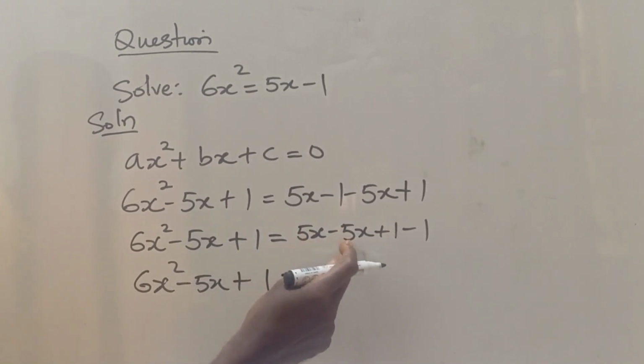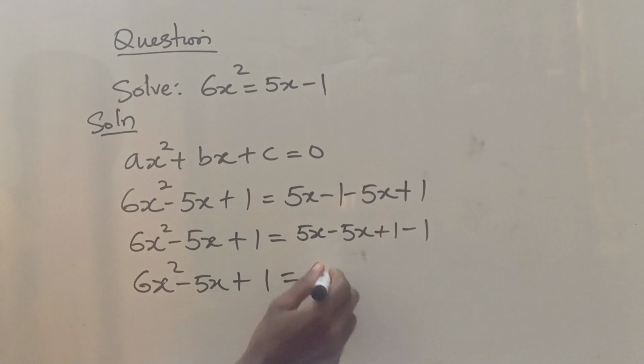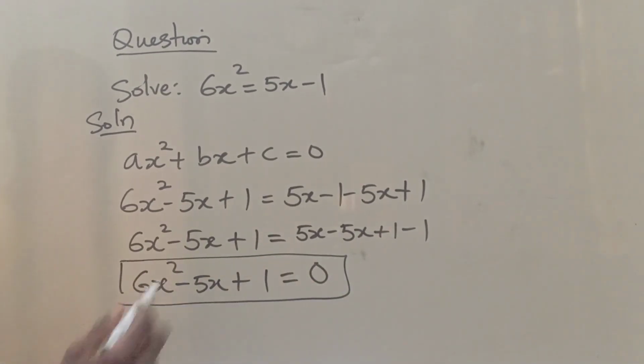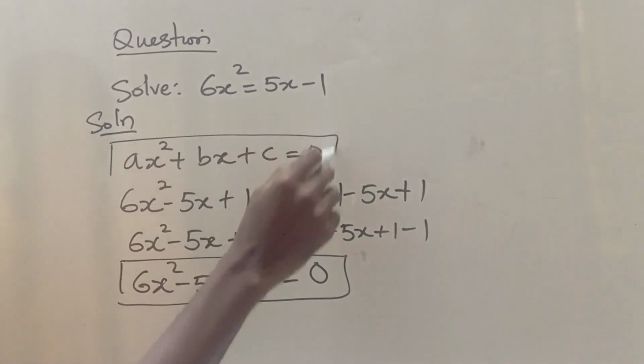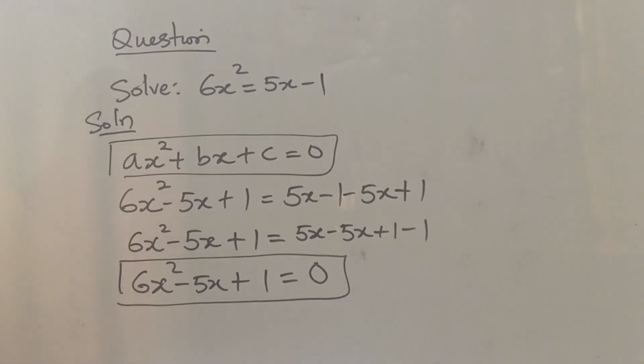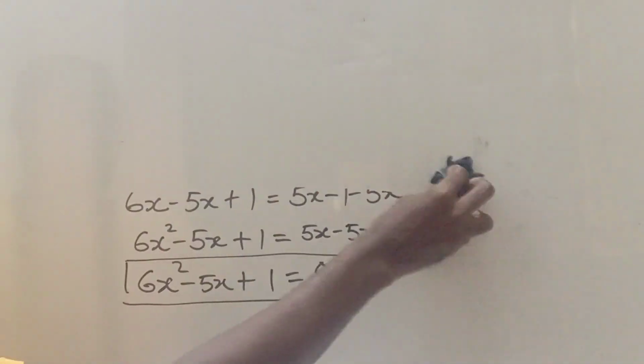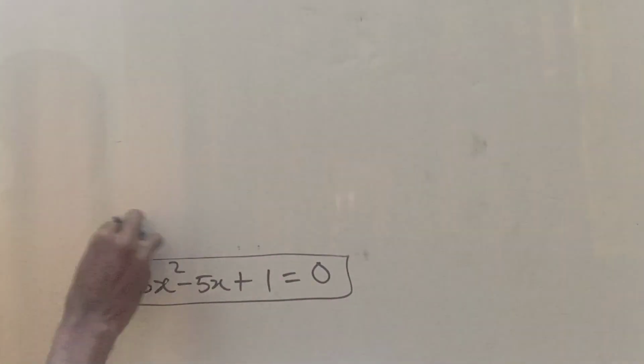This minus this is 0, plus 1 minus 1, so all this side is 0. So we've been able to write this in this form. Now from this, we can solve the equation further using any of the methods in solving quadratic equation.